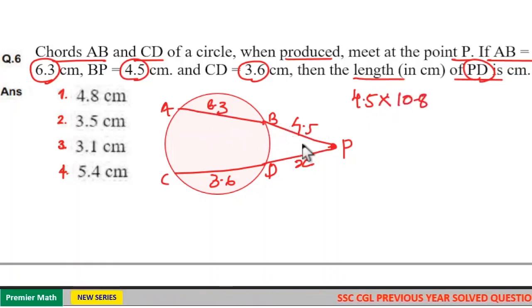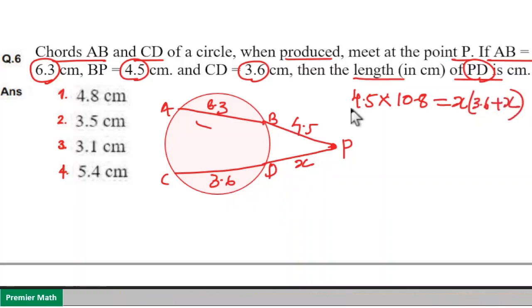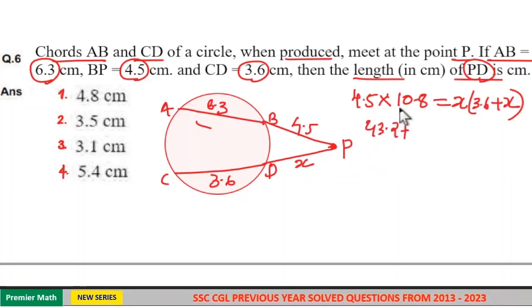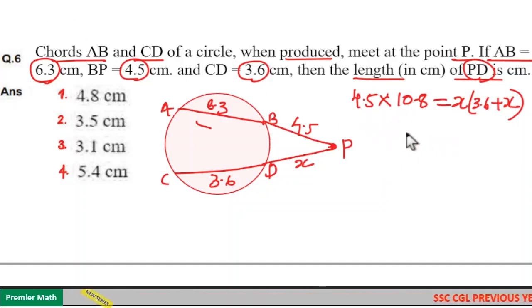So 4.5 into 10.8 is the same as here the external segment length x into 3.6 plus x. 4 into 10 is equal to 40. 4 into 8 is 32, so 43.2 plus 0.5 into 10 is 5. 0.5 into 0.8 is 0.4. So 5.4. Now 43.2 plus 5.4 is equal to 48.6.